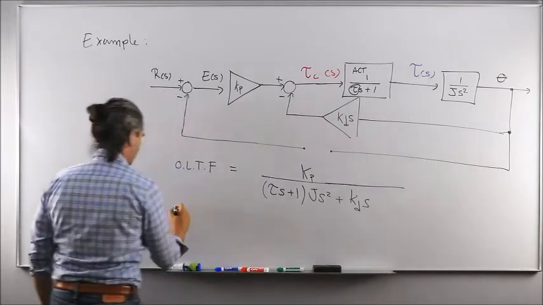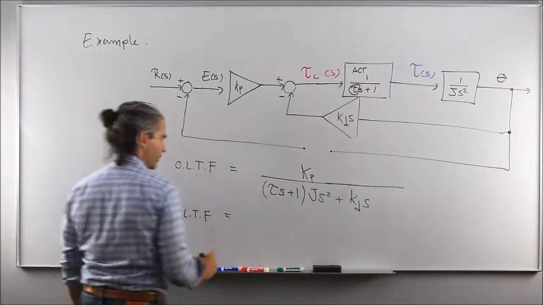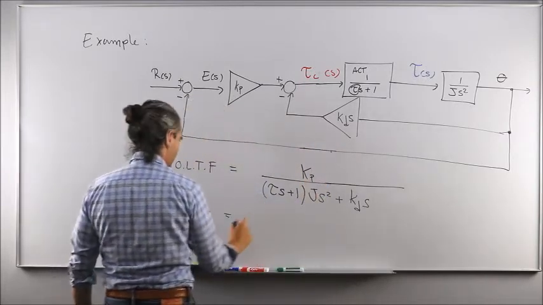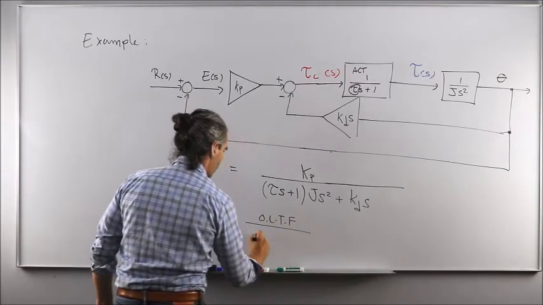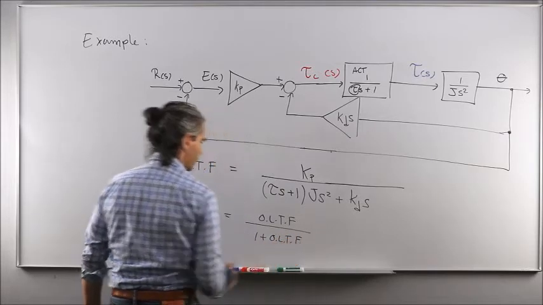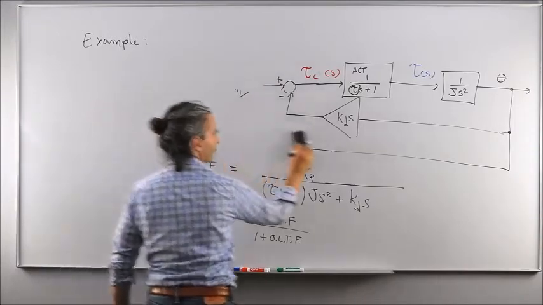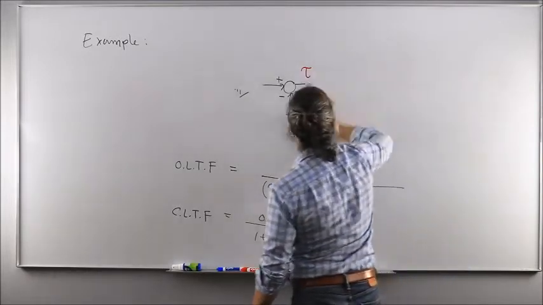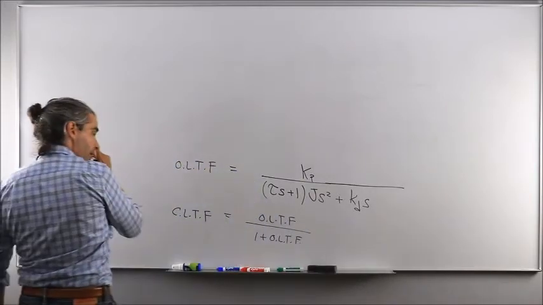But now we want the closed loop transfer function, and you should know by now that the trick is, well, close the loop obviously, is to use the open loop transfer function over 1 plus open loop transfer function, like that. Okay, let's do it.